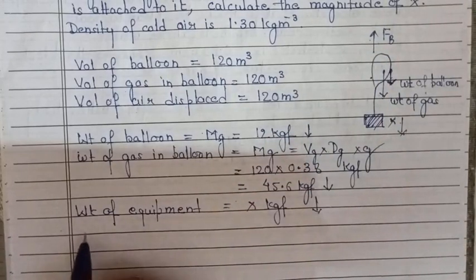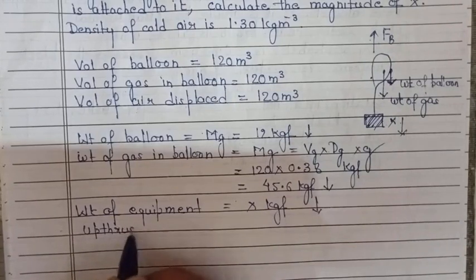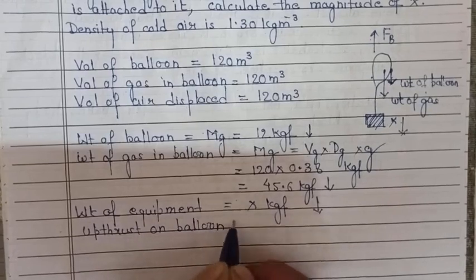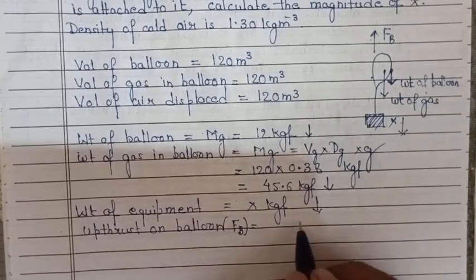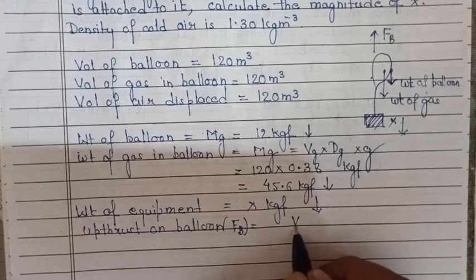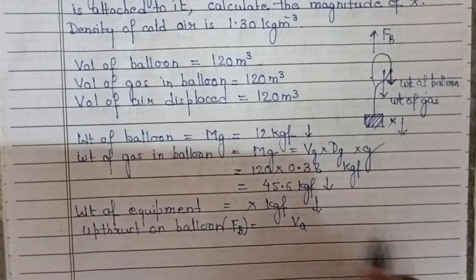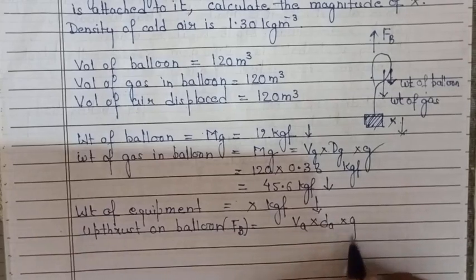So let's get upthrust on the balloon. Let it be indicated by FB. Formula is volume of the air displaced, because see here air is exerting upthrust, so we need to know volume of the air displaced into density of air into gravity.